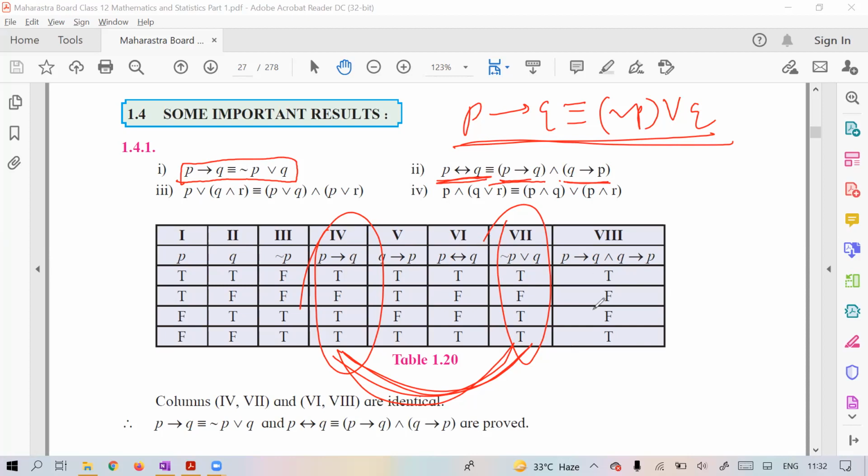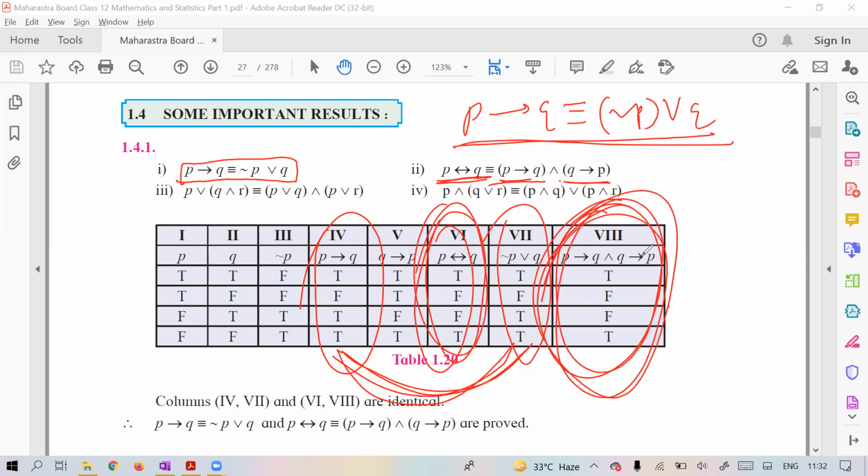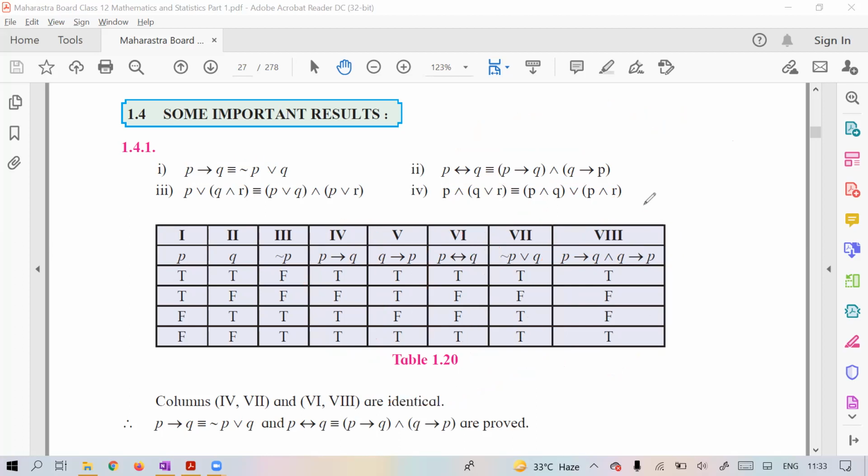You can simply see that P if and only if Q, and P implies Q and Q implies P, both are equivalent because they have the same truth values.